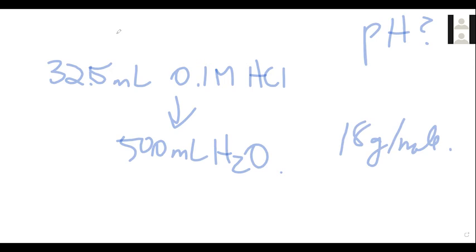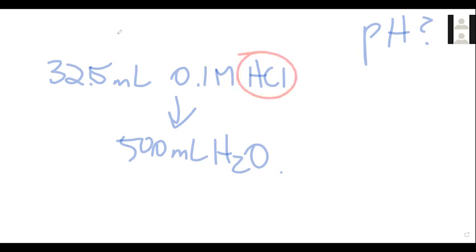We need to figure out the final molarity in the water, but the molarity of what? What molarity do we need to figure out to get pH? We need the concentration of something to give us the pH. Is it HCl? Not just HCl though.